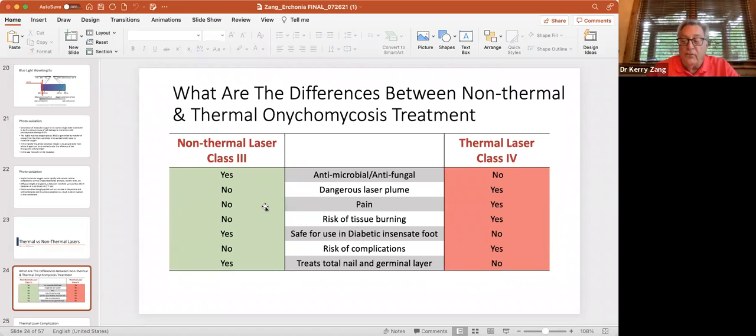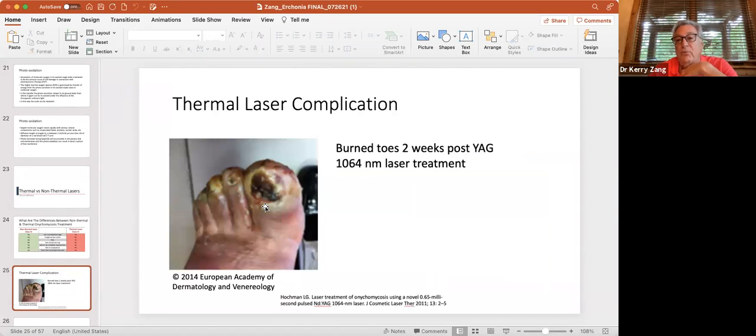So this, probably 2014, when the PinPointe went to Europe, this came out, and this is a result of the 1064 hot laser. And this went on to lose portions of the toes.